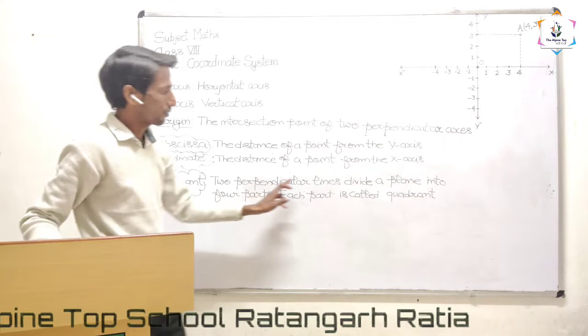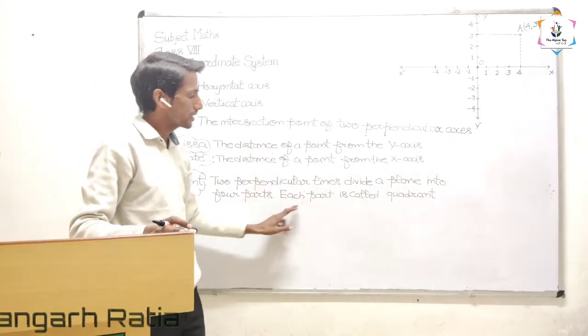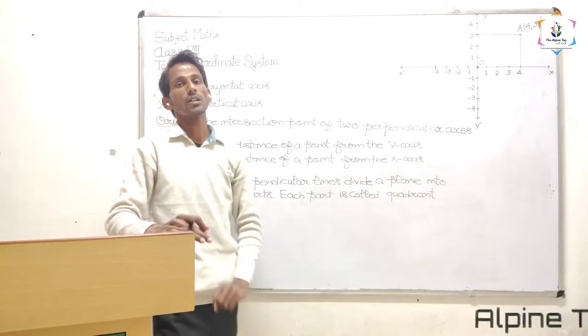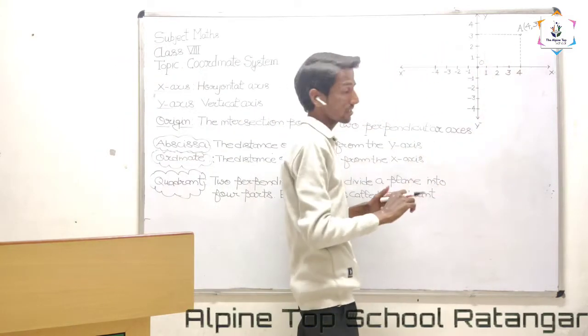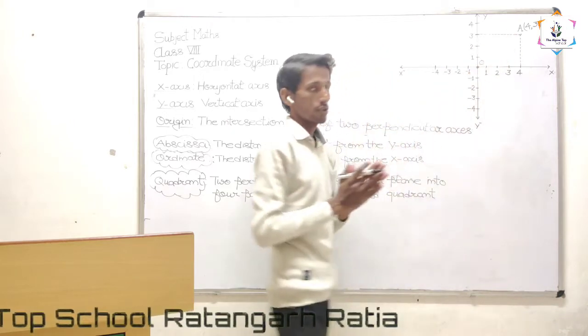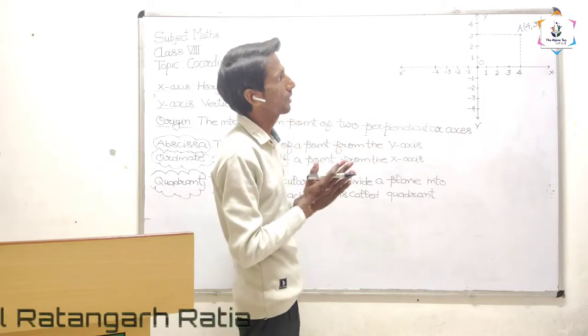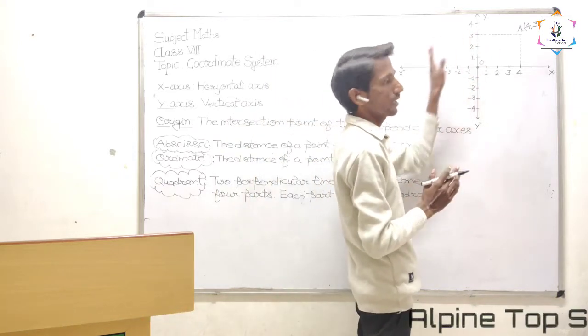Means two perpendicular lines divide a plane into 4 parts. Each part is called a quadrant. And you must remember, students, that the signs of the coordinates of a point differ in each quadrant.